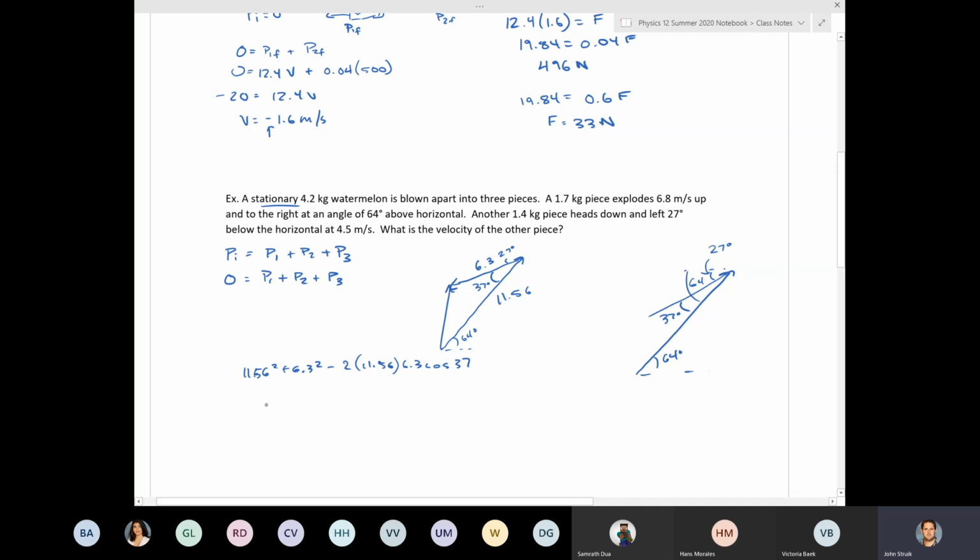Okay, and then we get this side. So this is P3. P3 equals 7.55 kilograms meters per second.